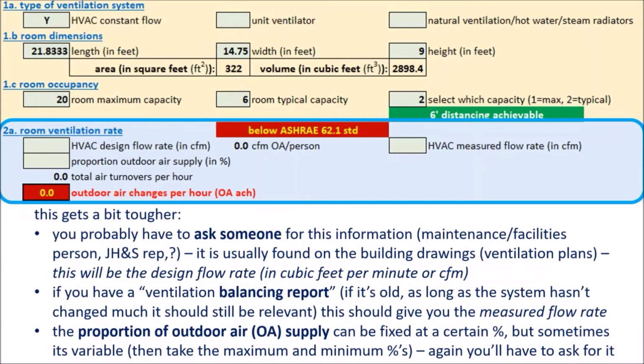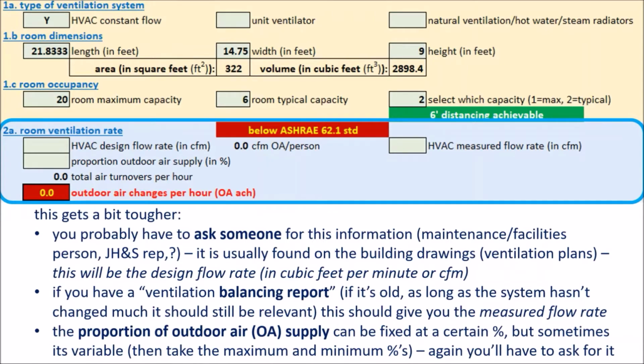Some ventilation systems have a fixed system where it's mechanically locked in. Others are variable, and so you might need to know the maximum or the minimum and take the average or either the lower rate and enter that into proportion of outdoor air supply in percent.